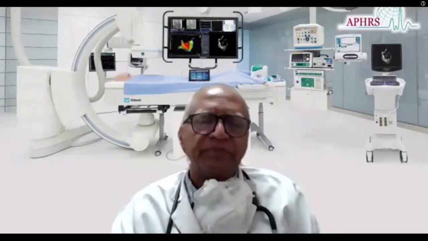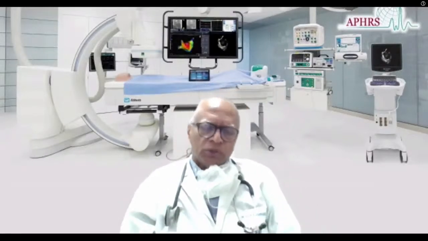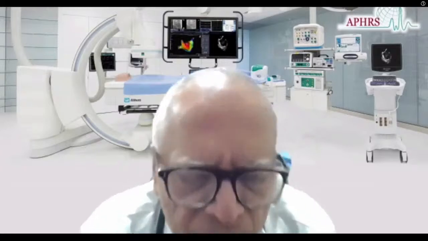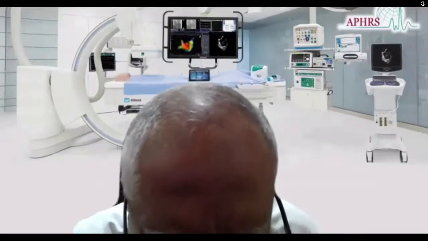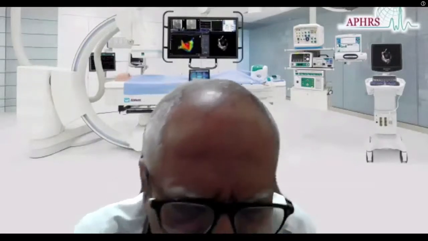Sir, there is one more question from Dr. Ambudar. How to differentiate septal accessory pathways versus atypical AVNRT? So this is quite important, because one of the most useful maneuvers here is VOP.